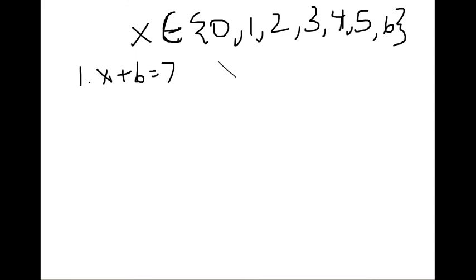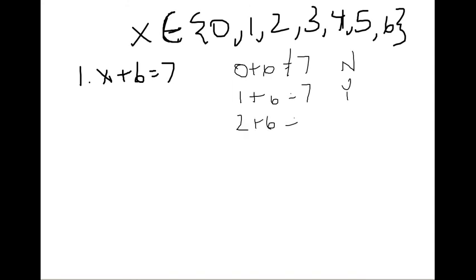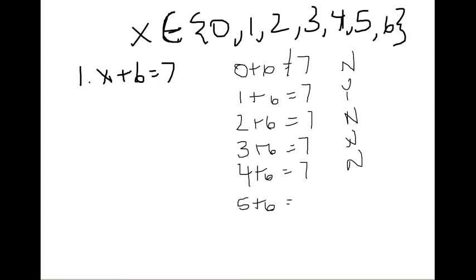Well, let's do 0 plus 6. Does that equal 7? No. How about 1 plus 6? Does that equal 7? Yes. How about 2 plus 6? Does that equal 7? No. And what about 3 plus 6 equals 7? No. 4 plus 6 equals 7? No. 5 plus 6 equals 7?